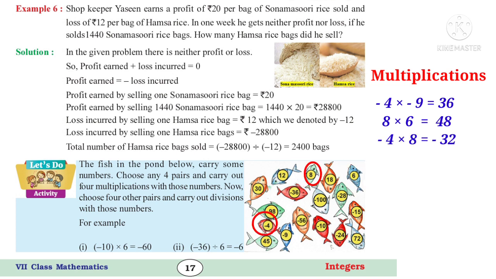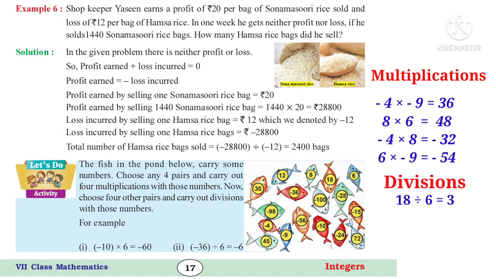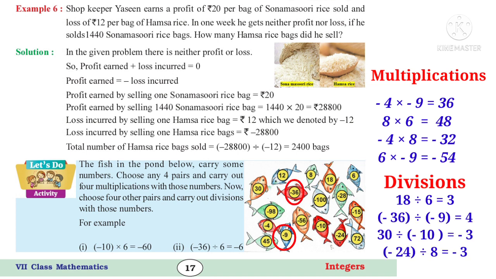Minus 4 into 8 is minus 32. 6 into minus 9 is minus 54. Now divisions. 18 divided by 6 is 3. Minus 36 divided by minus 9 equal to 4. 30 divided by minus 10 is minus 3. And minus 24 divided by 8 is equal to minus 3.